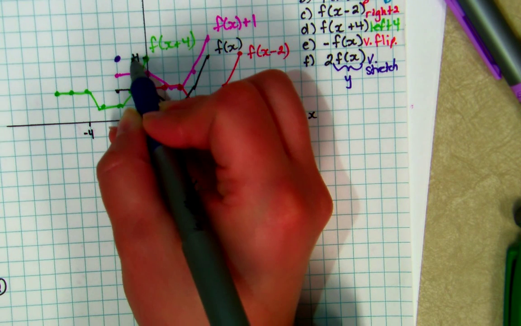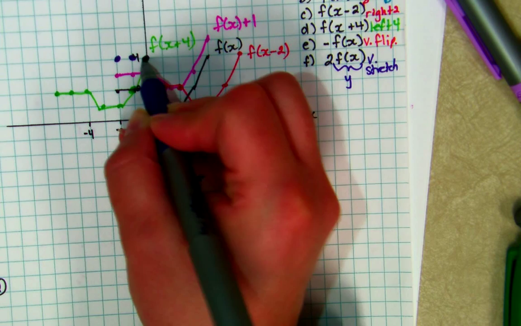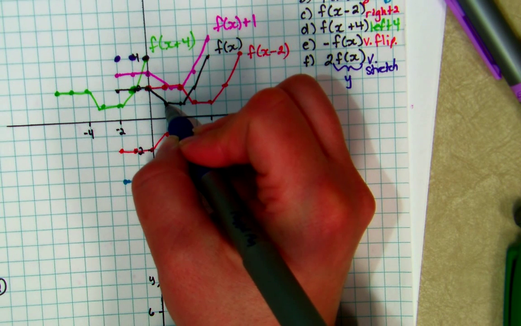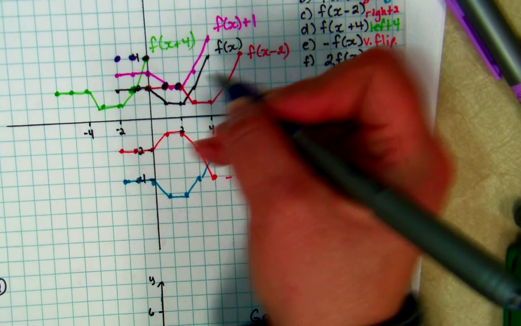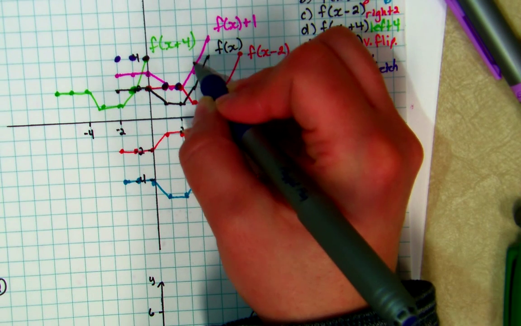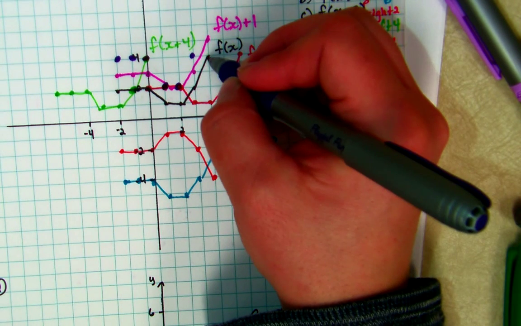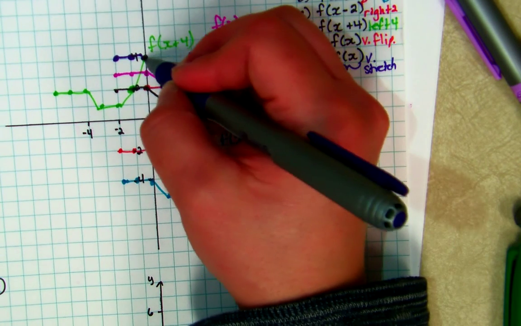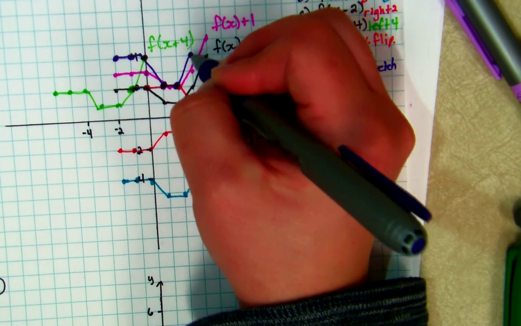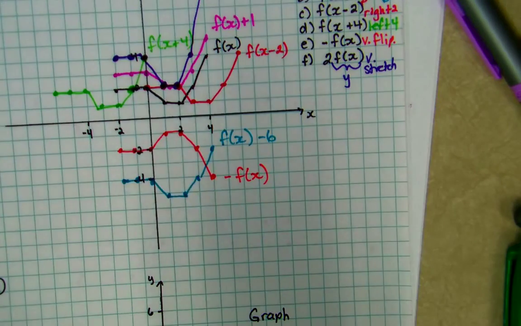This had a height of 2, so it'll be at 4. That height is at 4. This was at 1, so it's going to go to 2 when I double it. This was at 1, so it's going to go to 2. This was at 2, so it's going to go to 4. This was at 4, so it's actually going to go to 8. So it's the same basic shape, but it's been elongated or stretched.